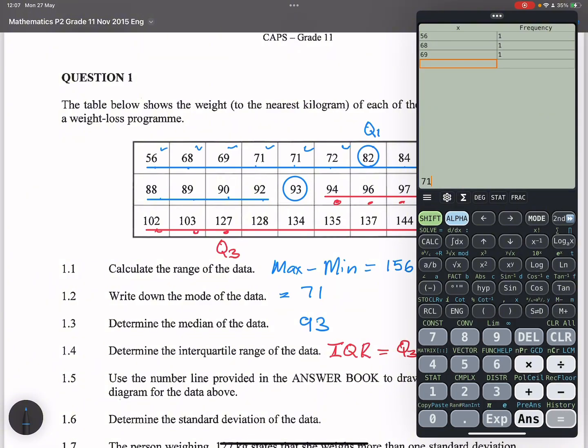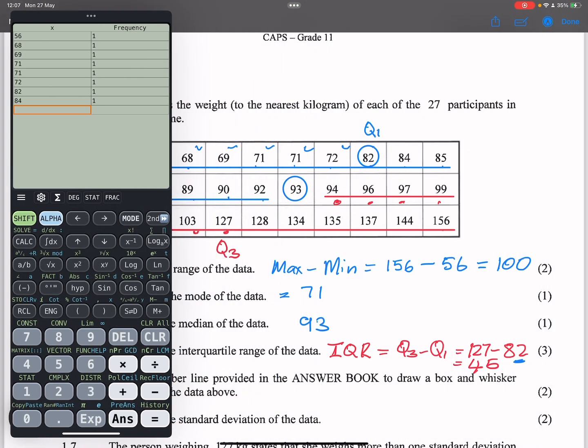I know this is going to be very tedious, but we need to put in all the data that is given to us. So that's 82, that's 84. Remember to press equal to every time you put a value. The next one is 85.